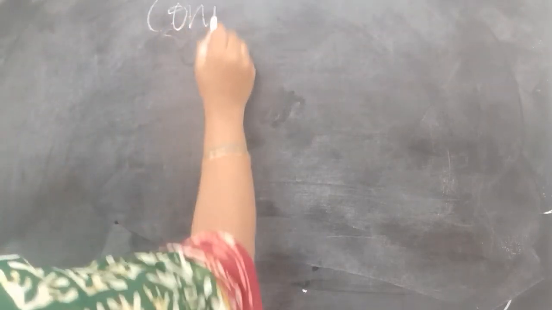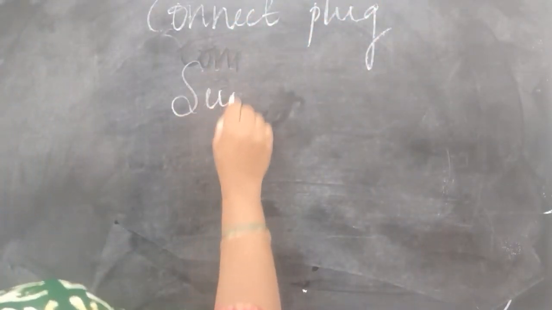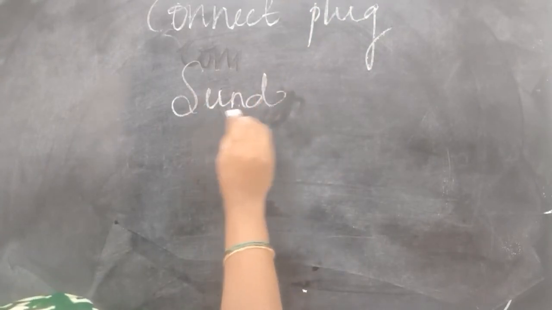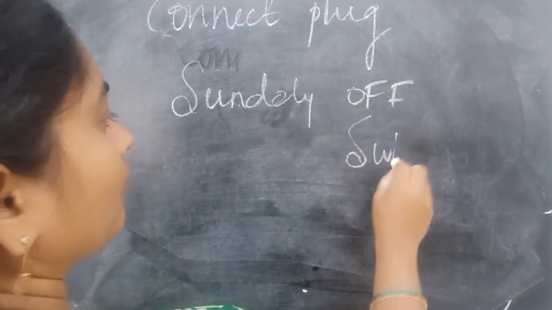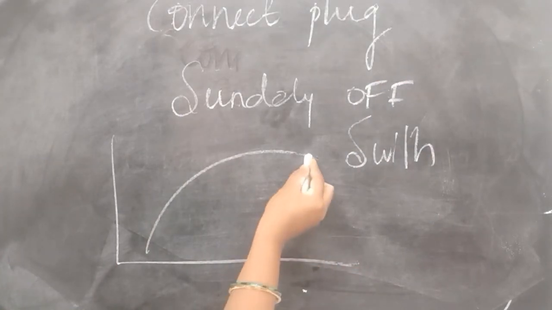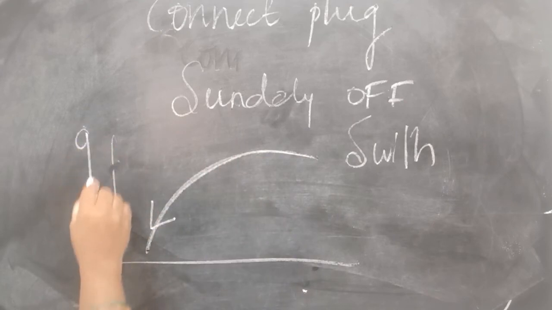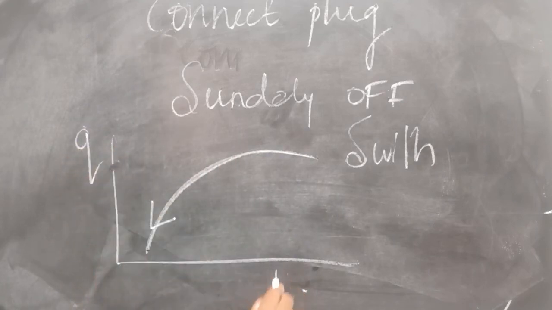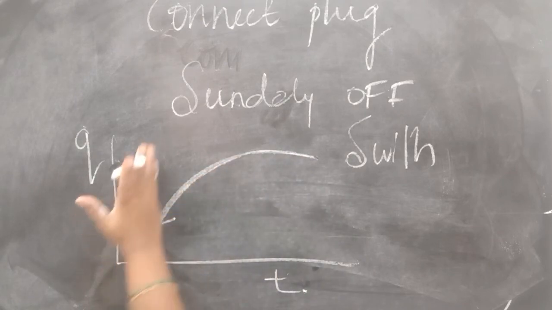For decay of current also, what we do is, we will not connect the plug. Suddenly you switch off. Whatever was increasing starts decreasing in the reverse process like this. As Q and time, you will get the graph in reverse.